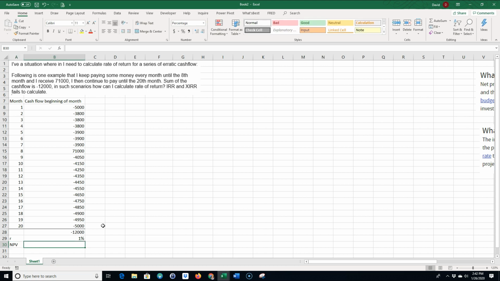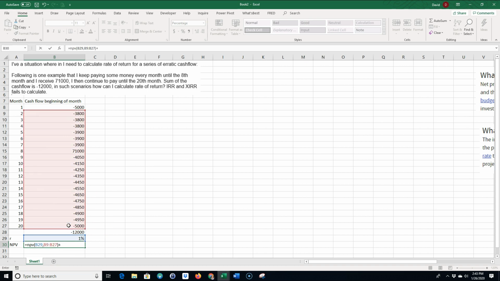and the NPV, if we use 1% per month, for these monthly cash flows, I use the formula equals NPV. The first thing it wants is a rate, and we're assuming this rate. And the values, since I say the beginning of the month, I have to take these values.